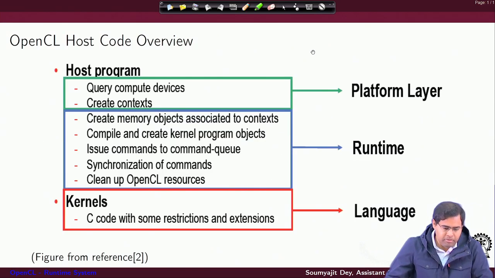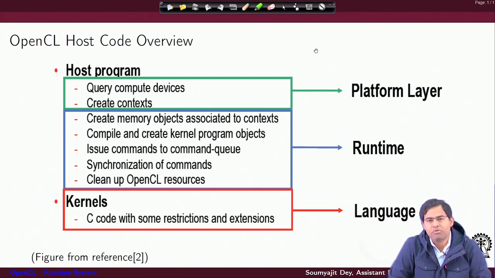So, coming back, if you just recall the way we discussed the different layers through which OpenCL code executes. Every OpenCL program would comprise this host program that will start with some platform layer level queries because in the runtime system you have the platform layer followed by the runtime.